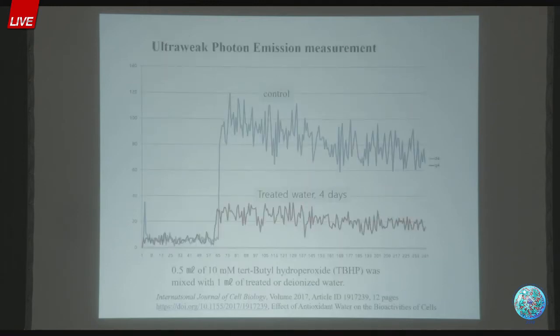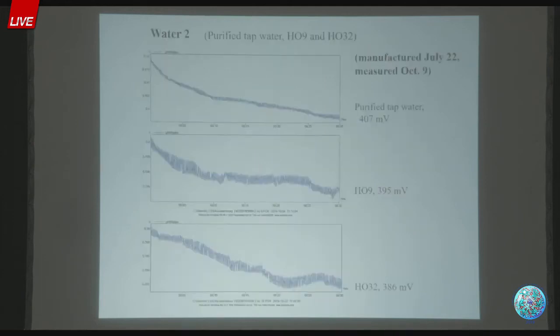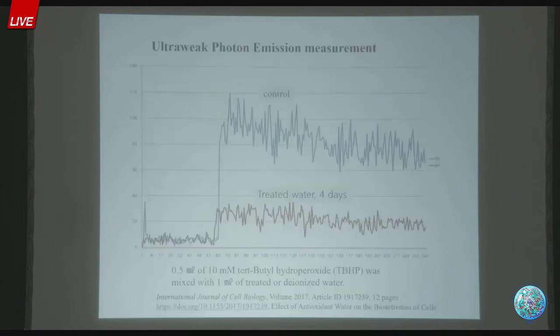And this is the result that was reported in the International Journal of Cell Biology before. And I did this experiment using tert-butyl hydroperoxide. Because the oxidation reduction potential just shows the reductive potential, but I wanted to confirm that it really shows reductive reactions in chemical reactions.